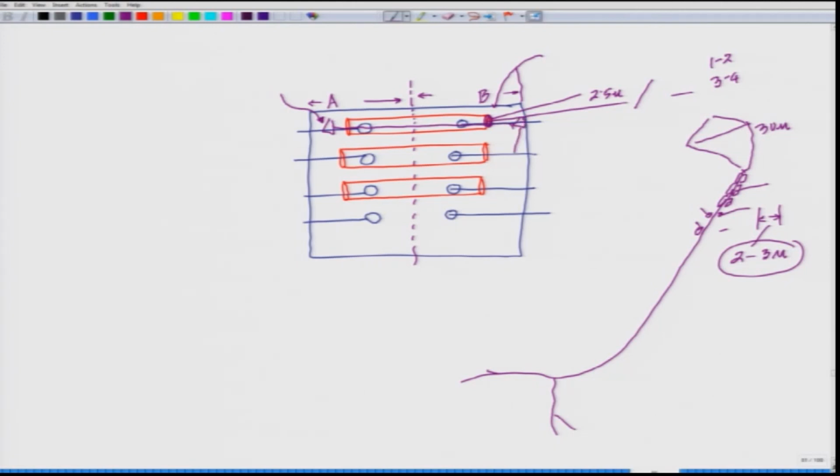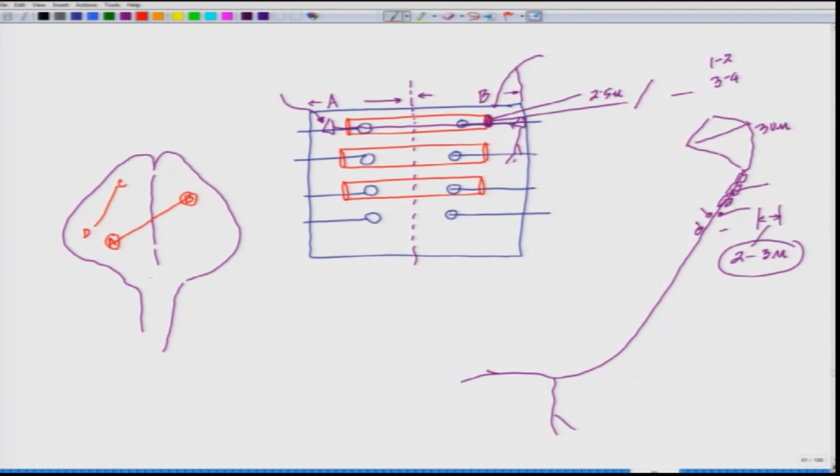And of course, you have the neurons of this part sitting here. So, essentially this microtunnel technology can give you an idea. Say, if this is the brain, and you wanted to study the connectivity between this part A and this part B, or a link between C and D, or from A prime to another tissue or neuron somewhere in the spinal cord, SC3.